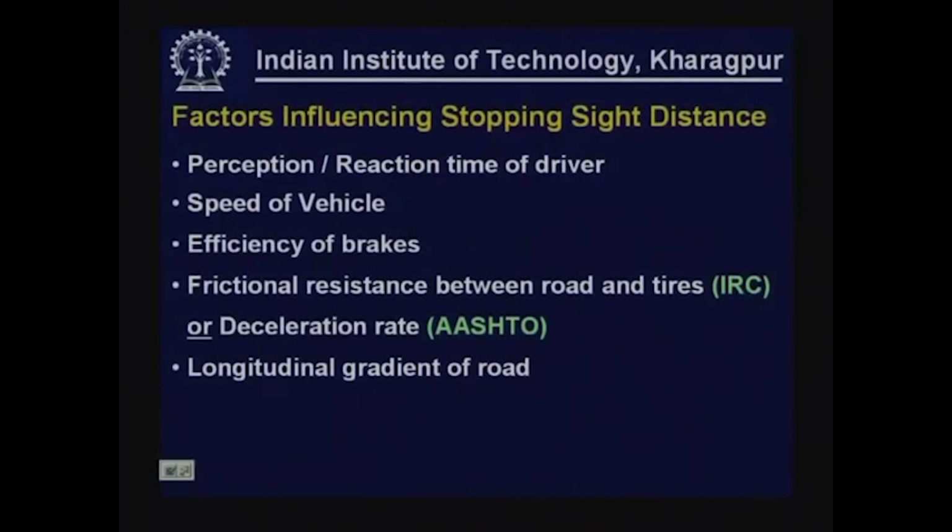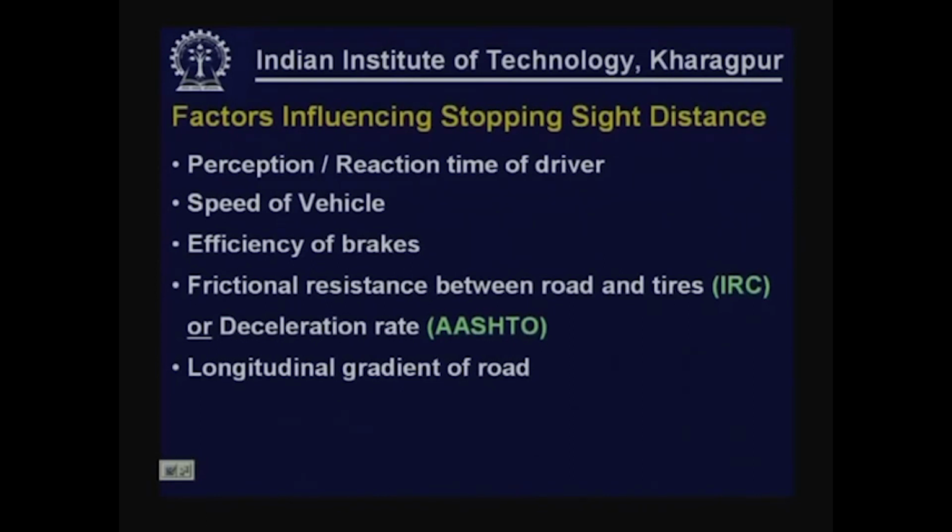Let us try to see what are the factors affecting stopping sight distance. Number 1, perception reaction time of driver. 2, speed of vehicle. 3, efficiency of brakes. 4, frictional resistance between road and tires, or deceleration rate.